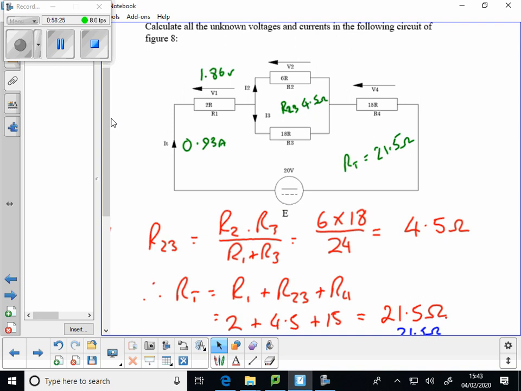That's a volt drop. If you've got a voltmeter, put one probe here and one probe there, that's what you would measure. What you tend to think of as this terminal sits at 20 volts. We've dropped 1.86 across there, so that terminal will sit at 20 minus that, between the two.